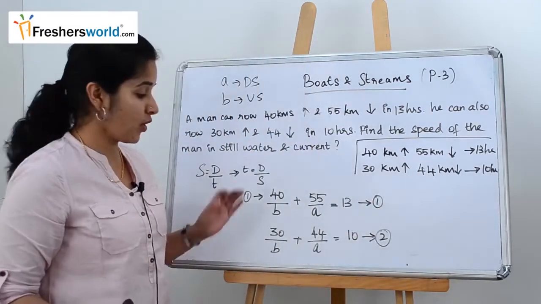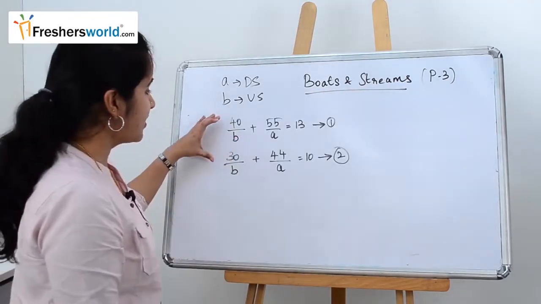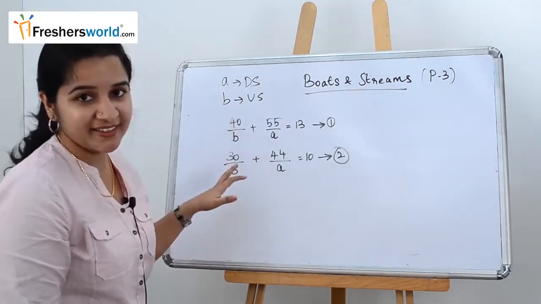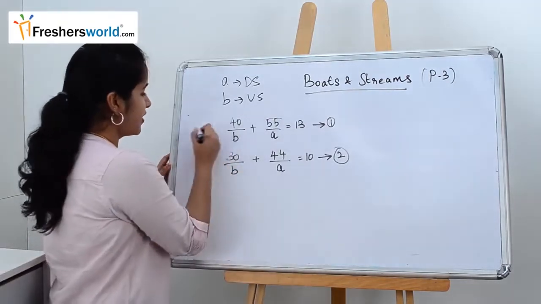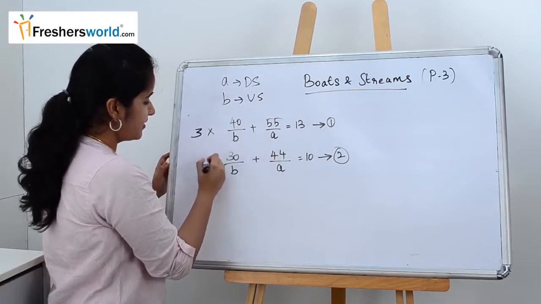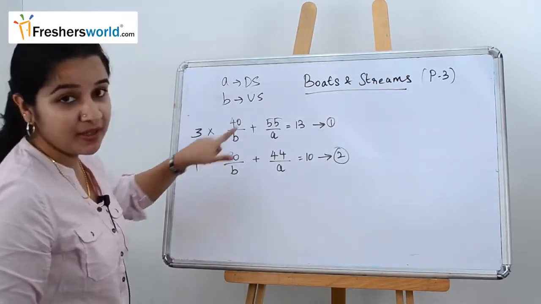So let's now solve these two equations. Either 1/b or 1/a, we should make into a common value so that it gets cancelled when we subtract the equations. So I'm going to multiply the first equation by 3 and the second equation by 4, because I thought it will be easier to cancel b compared to a.